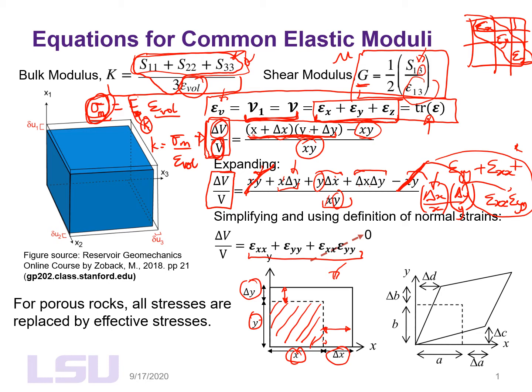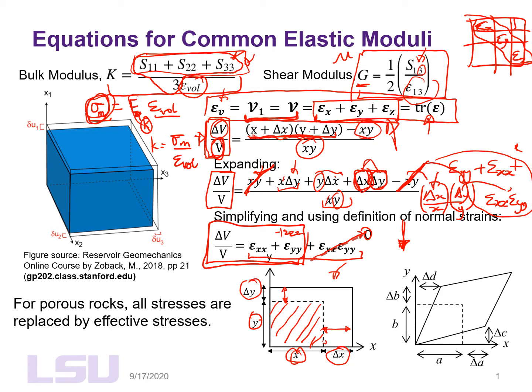And because this is a small value, based on the Cauchy stress tensor assumption of small deformations, a small value multiplied by a small value is a much smaller value that tends to 0, you can neglect that term and write out your volumetric strain in this form. So for 3D, all you need to do is add the third component, right? Epsilon zz, which is precisely this, and that is the trace of the strain tensor. And this assumes you're applying normal stresses, right?